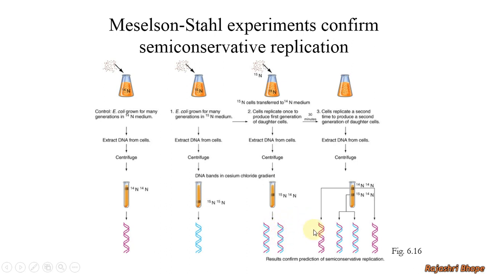In the next generation, these two strands will separate, and since the cells are now growing in light nitrogen, one DNA is fully pink because one parental strand is pink and the newly synthesized strand is pink, as we are growing cells on N14 nitrogen. And these are the old strands, one with the blue color and one newly synthesized.